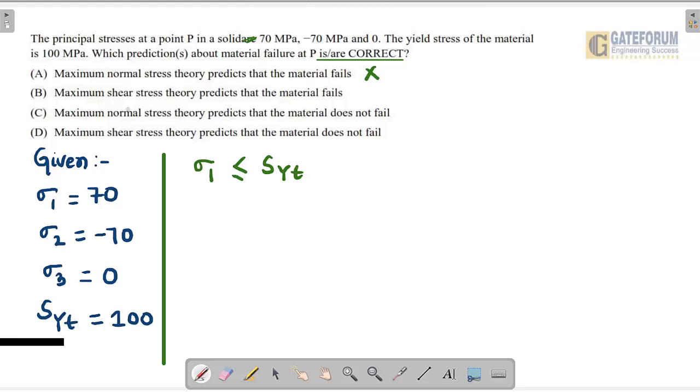Second, the maximum shear stress theory, guys. Sigma 1 and sigma 2 are unlike in nature.